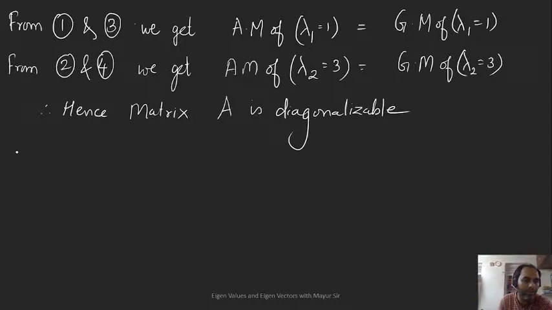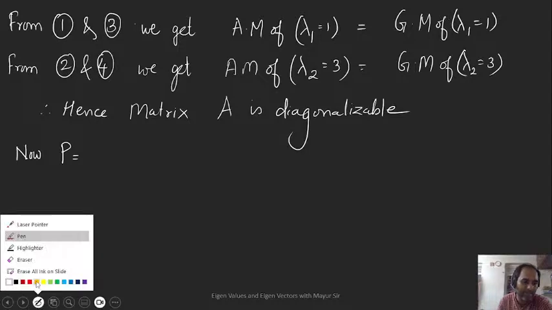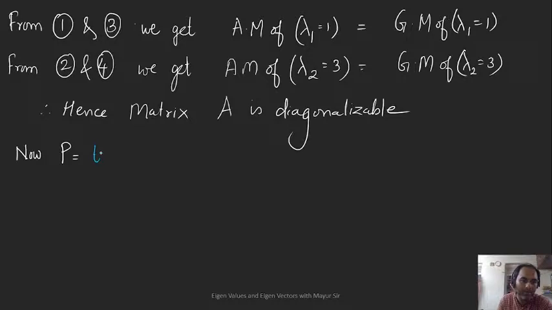So now, the matrix P has two different names. The first name is transforming matrix, or sometimes it is called modal matrix.